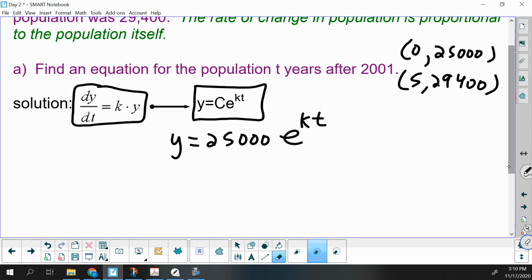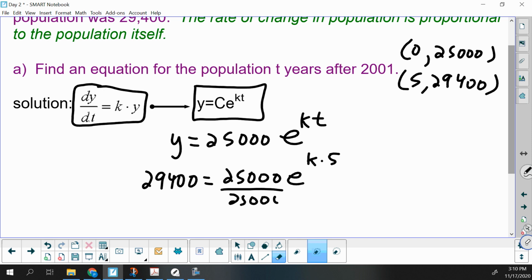To find the k, we can just sub in our other point. So we'll sub in the 29,400 is equal to 25,000 e to the k times 5. We can divide the 25,000 over.